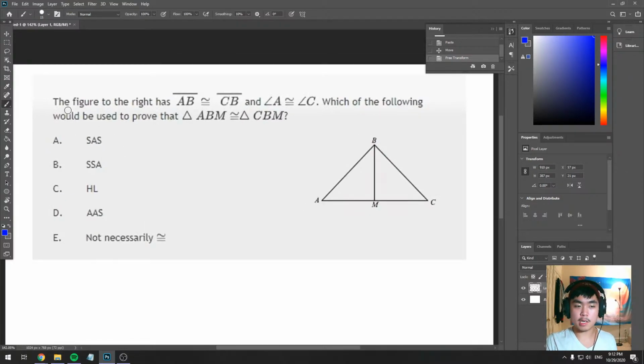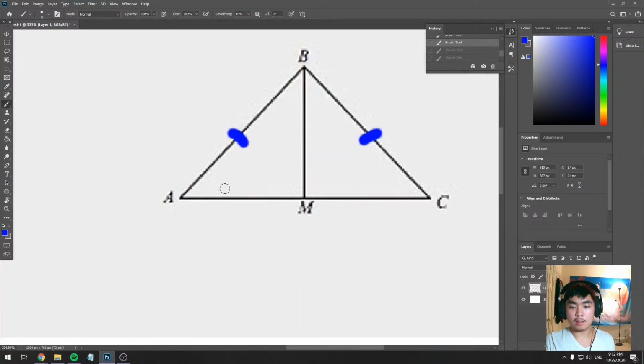So let's see what it says. The figure to the right has side AB congruent to side CB. Okay? So what that means is this side and this side are the same length. They're congruent, right? And angle A is congruent to angle C. So boom, boom, these two angles are the same.